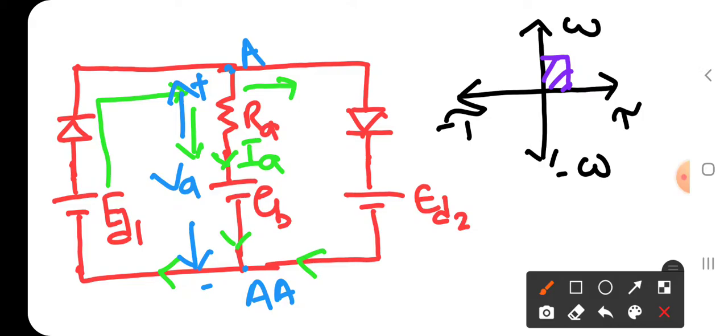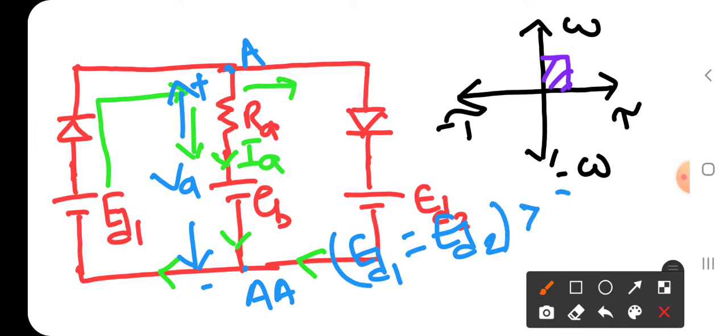Next line. Here ED1 and ED2 are equal and greater than back EMF EB. That is ED1 is equal to ED2 and this will be greater than back EMF. Therefore, the current flows from A to AA.